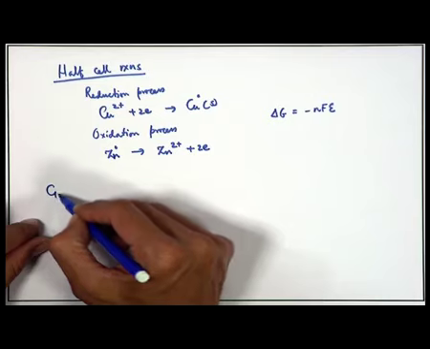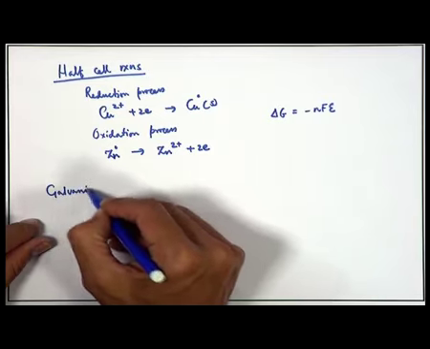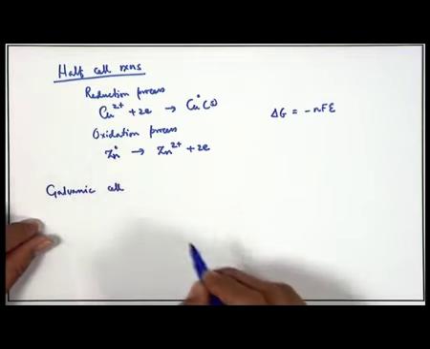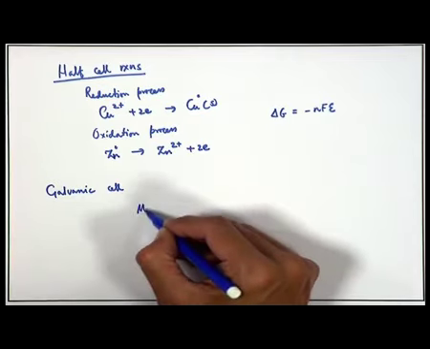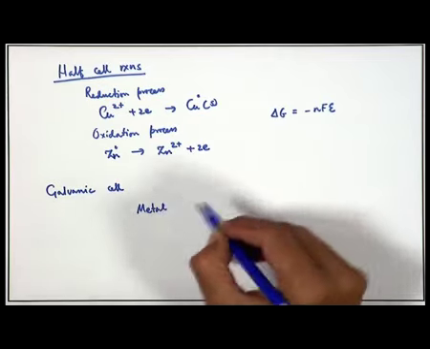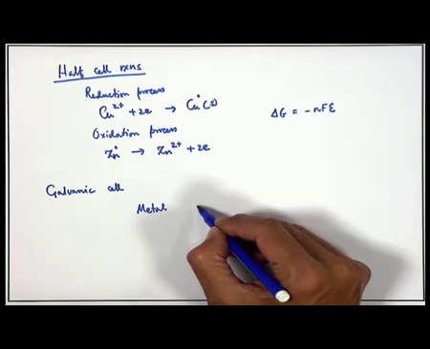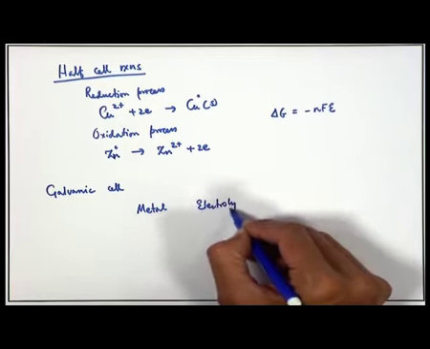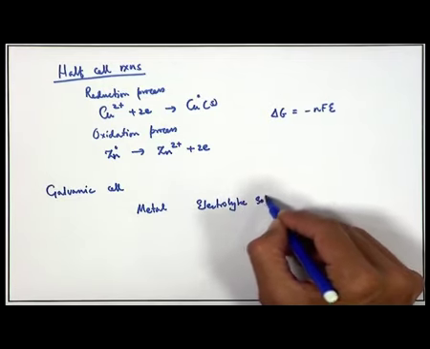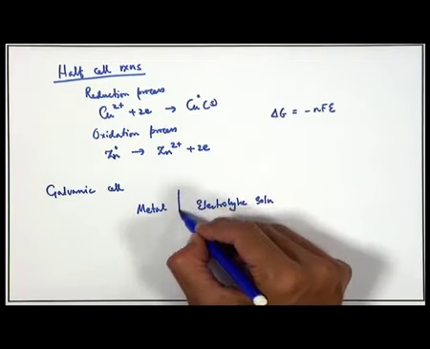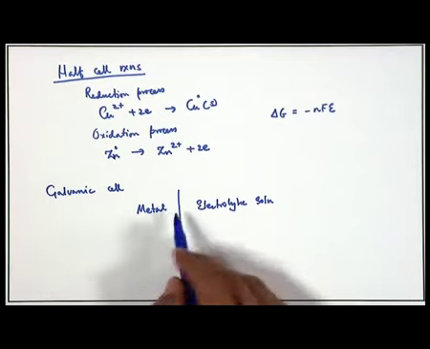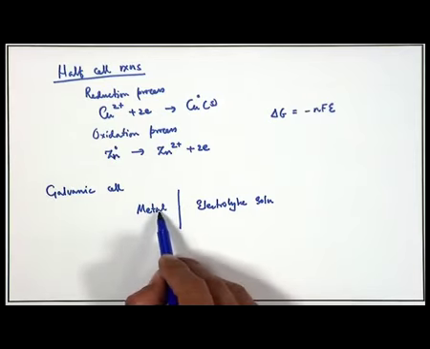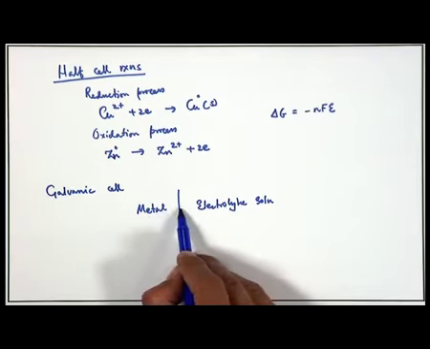For a galvanic cell, you have the metal and the electrolyte solution, and a vertical line to indicate the interface of the metal and electrolyte.